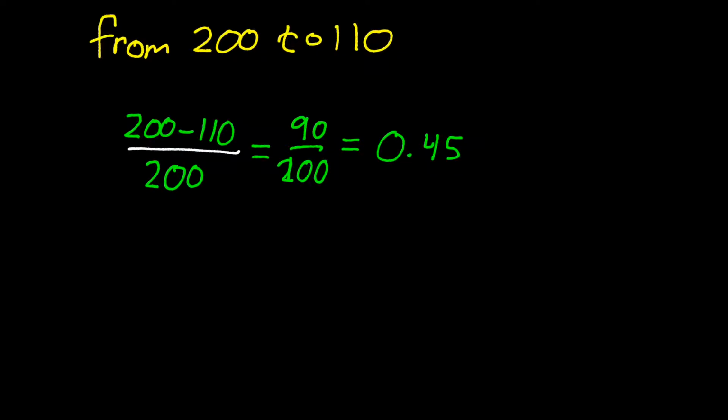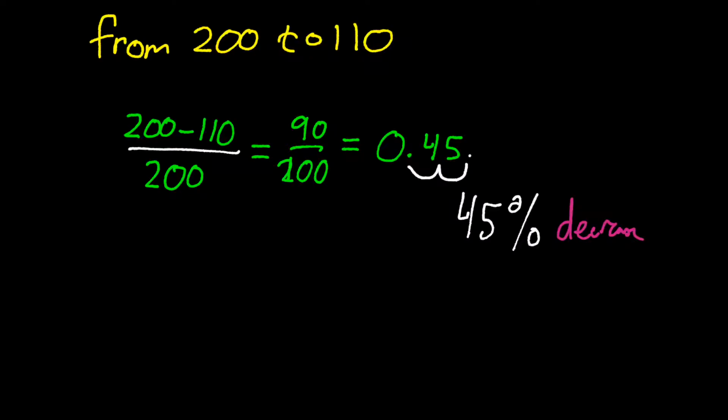And then we take our decimal and move it 2 spots to the right. So it becomes 45%. And we ask ourselves, did we increase our value or decrease our value? We went from 200 to 110, so this was a 45% decrease.